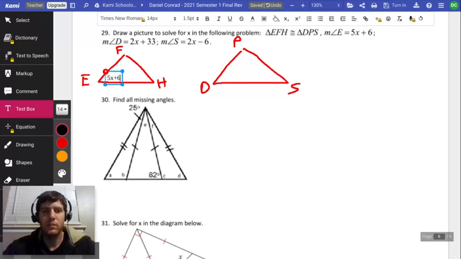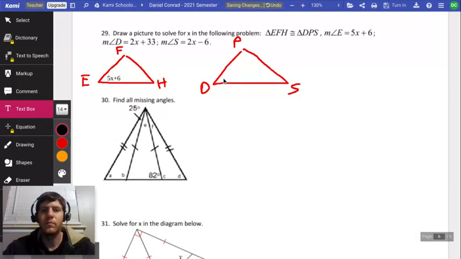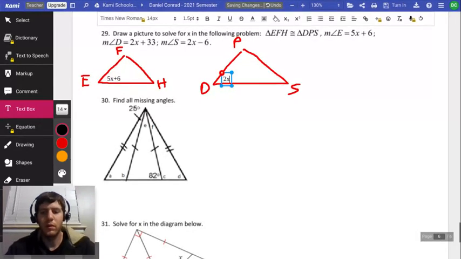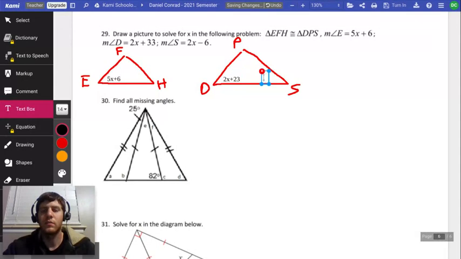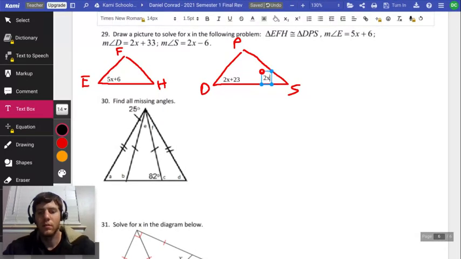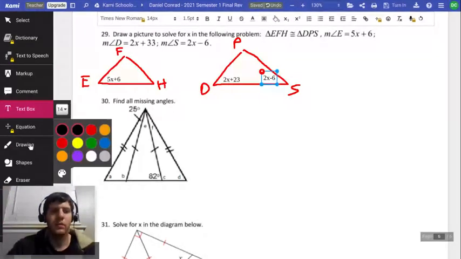The measure of angle D here is 2x plus 23. Okay, and then the measure of angle S is 2x minus 6. Okay, so there's our diagrams.